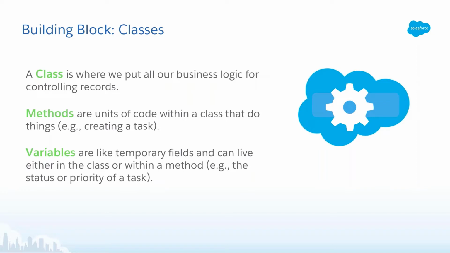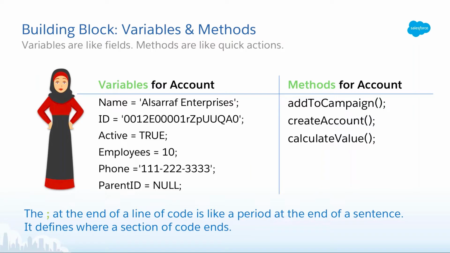Methods are the part of the code that actually does the things that we want it to do, so things like creating a task. And there are variables, and we can think about them as storage containers. They're temporary fields in a way. For example, they could store things like the status or the priority of a task. But there are any number of things that we could store as variables.